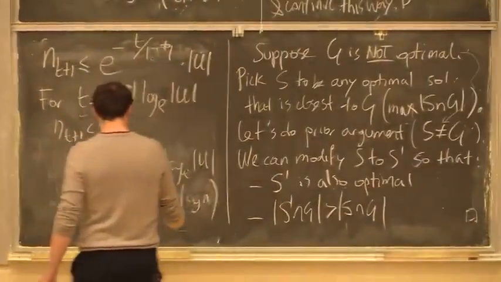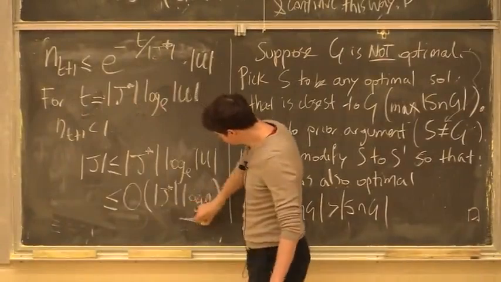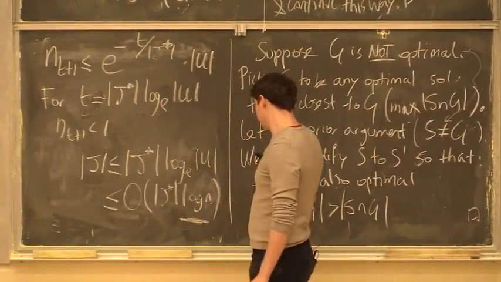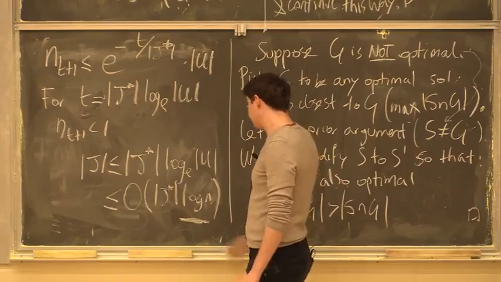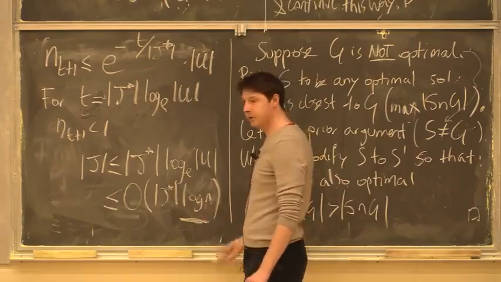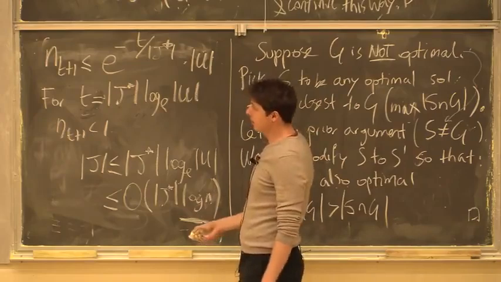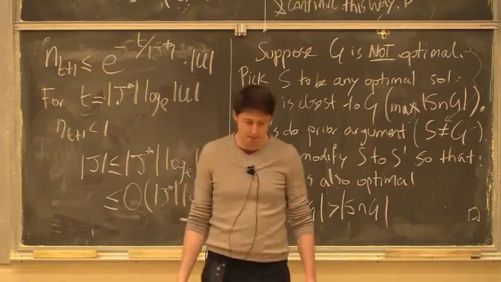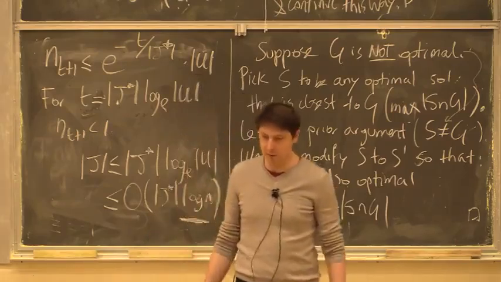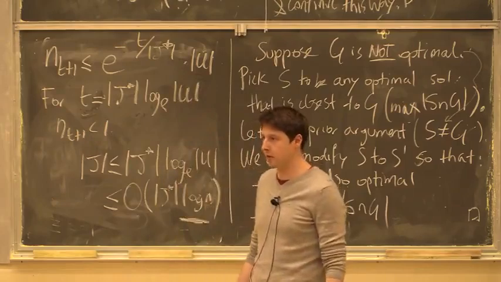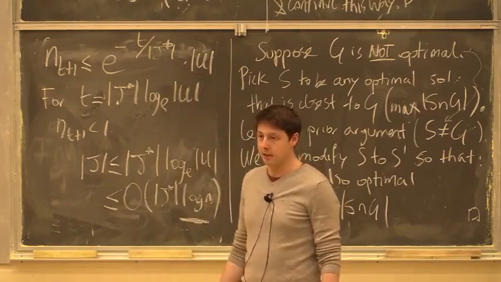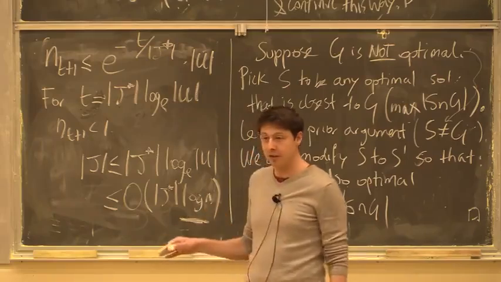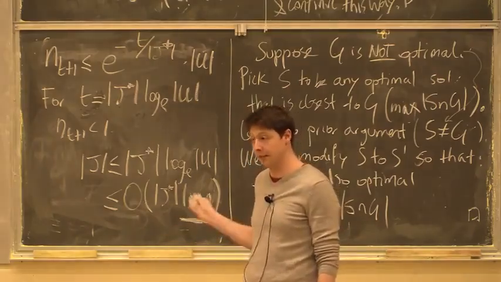I'll just briefly mention that this logarithm here is there for deep reasons. Set cover is a central problem in combinatorial optimization, and people study how good of an approximation algorithm you can have for various problems, including set cover.